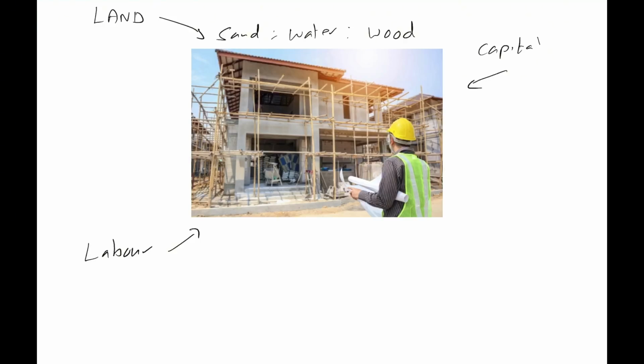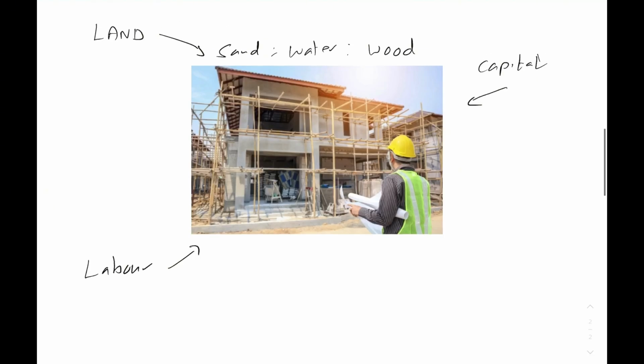So this would include things such as the tools needed. It would be a cement mixer, hammers, chainsaws, etc., etc. You can see in that visual there is scaffolding, where the scaffolding has been manufactured. Therefore, it is a capital resource, a man-made resource that is being used in order to construct the home.